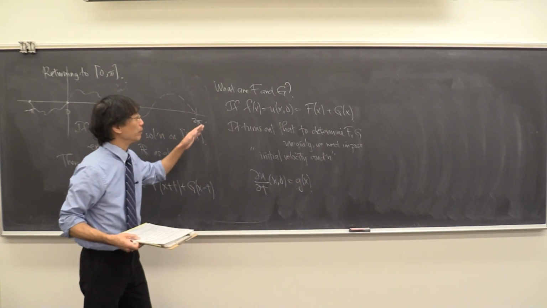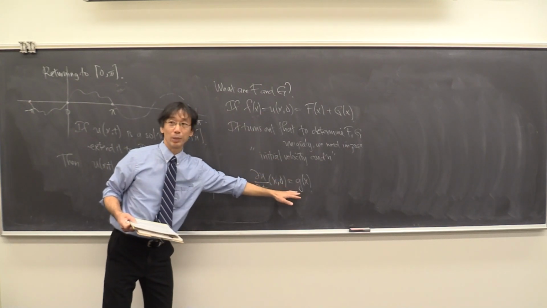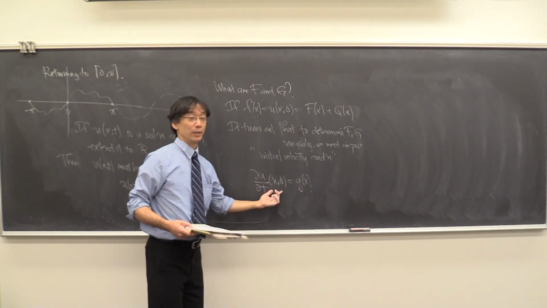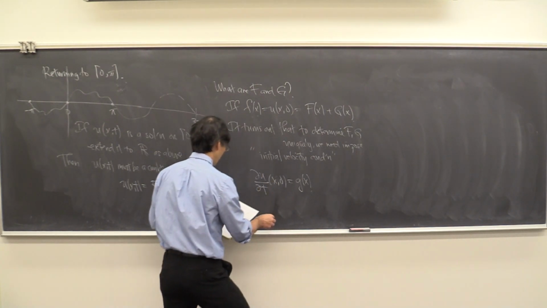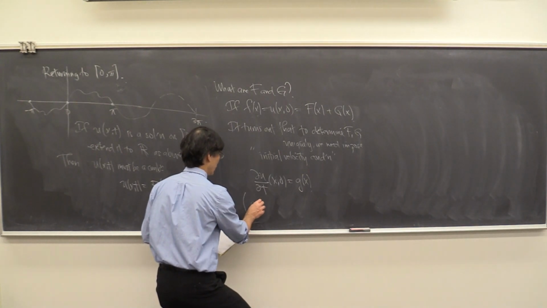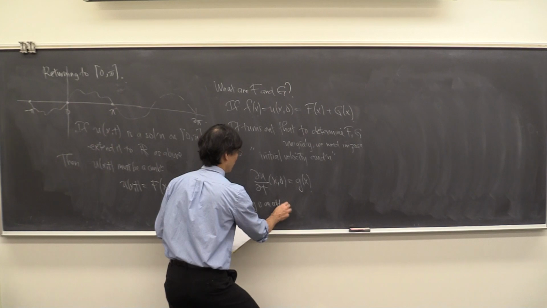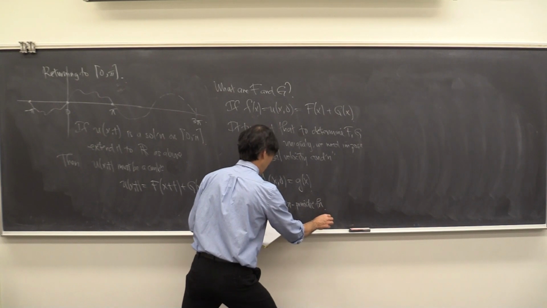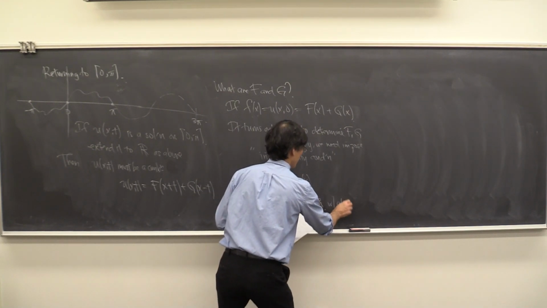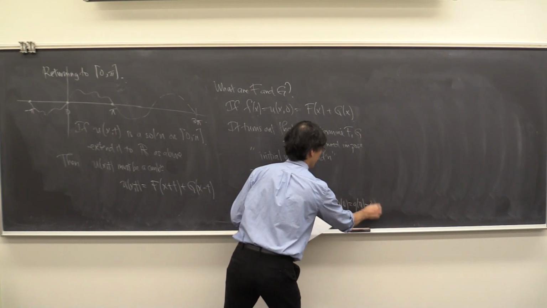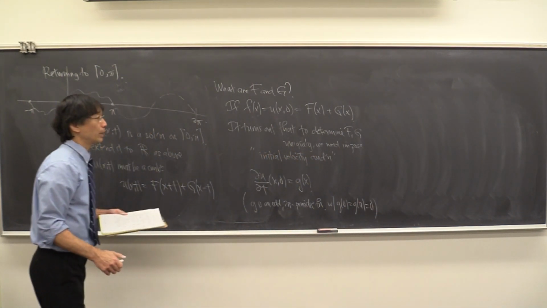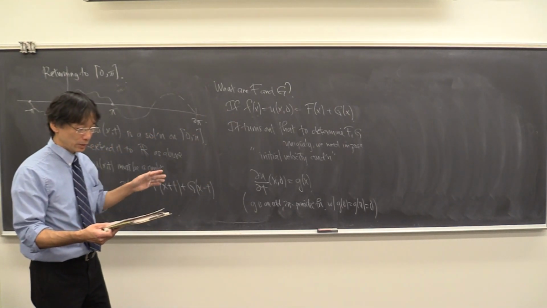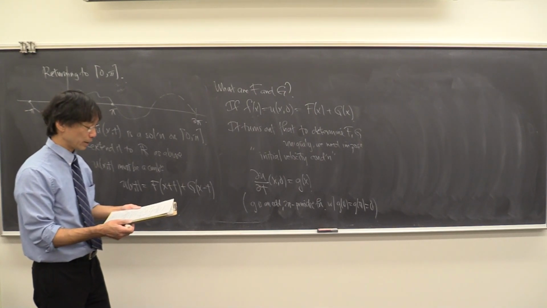This is the position, and this is the initial velocity condition, okay. Where again, g is an odd 2 pi periodic function with g of 0 and g of pi being 0. Once you put this condition on, that's enough to determine what u must be exactly.